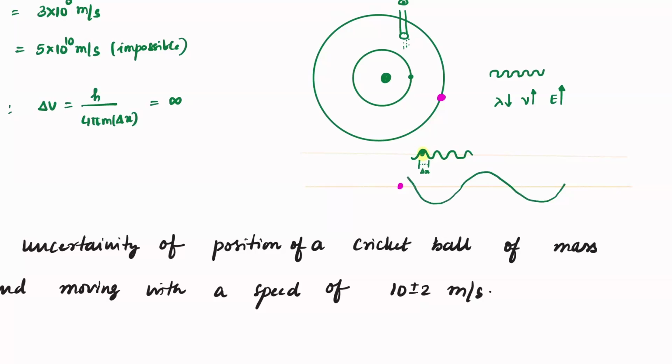The chance that the wave interacts with the electron minimizes, and that increases the delta x value. So the chance that the radiation will actually interact with the electron is very low. Clear? So again, you are increasing the delta x value.